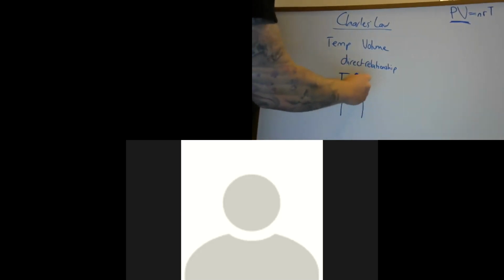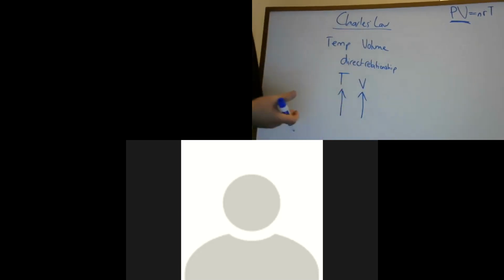Direct relationship meaning when you increase one, the other increases. So if you increase the temperature, you increase the volume. When you increase the volume, you increase the temperature. You're making the particles more excited and they're bouncing off each other even more, so the volume increases. So that's Charles's law. So he looked at T.